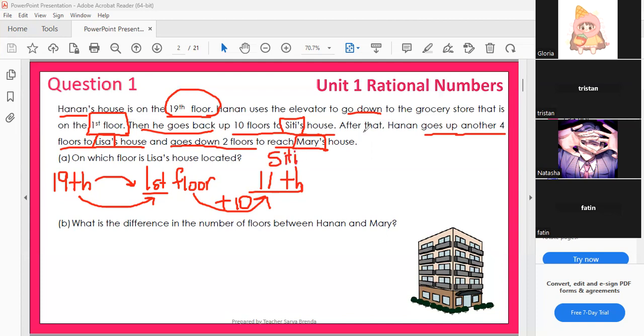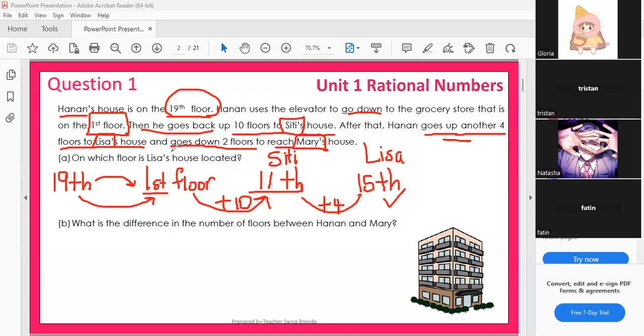Now, what does he do? He goes up another 4 floors. So you add another 4 floors, and that will give you 15. That means now he's on the 15th floor. And that is Lisa. Got it? Lisa is on the 15th floor.